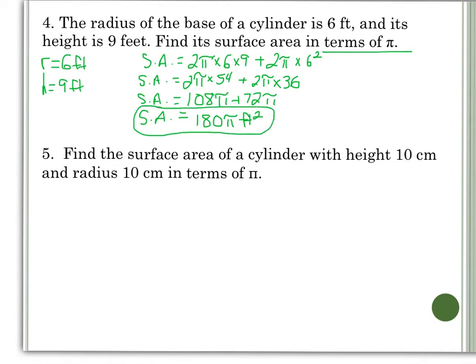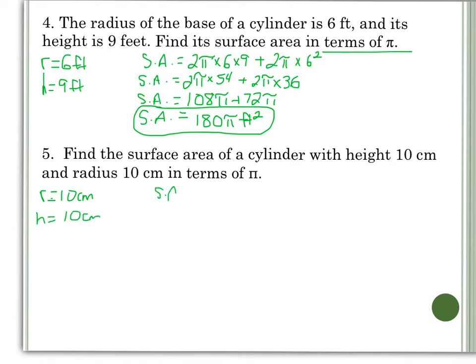Okay. In number 5, it says find the surface area of a cylinder with height 10 centimeters and radius 10 centimeters in terms of pi. Okay, so our radius is 10 centimeters and our height is 10 centimeters.